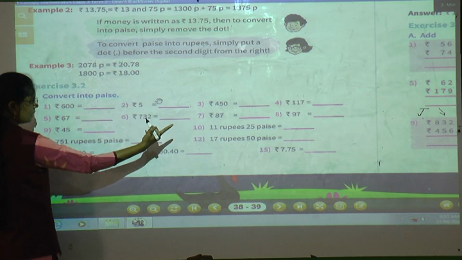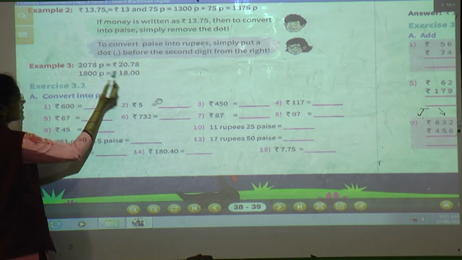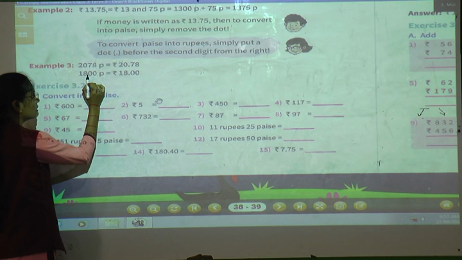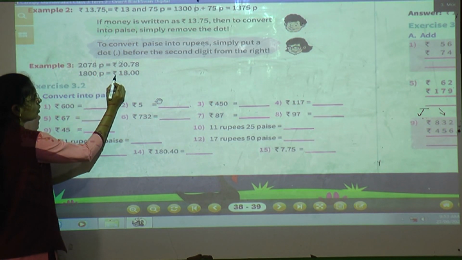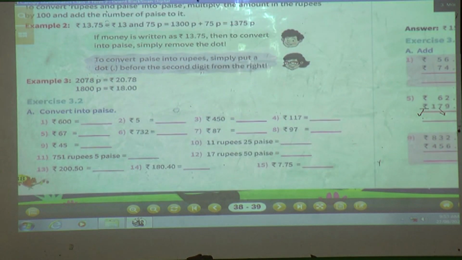From the right side, before the second digit, you have to give a dot, and then write the symbol for rupee, means rupees 18. So in this way you can convert rupees into paise, and then you can convert paise into rupees also.